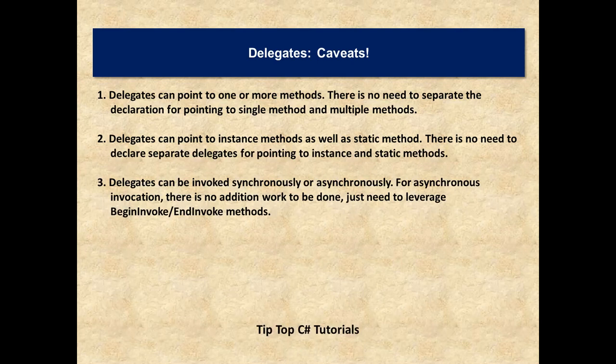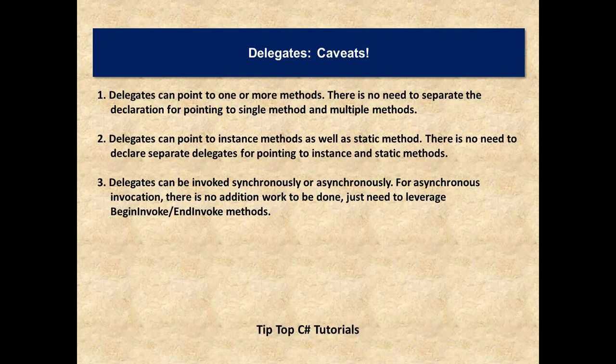What are the different tips or trips, or points to be noted, while dealing with delegates in C#? The first point is delegates can point to one or more methods. If you have a set of methods to be invoked by a delegate, you don't need a separate declaration.